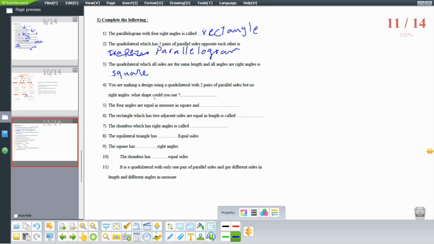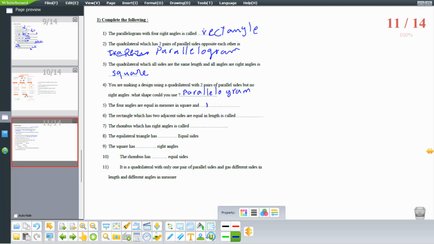What shape would you use? We have 2 pairs of parallel sides. Yes, parallelogram or rhombus.